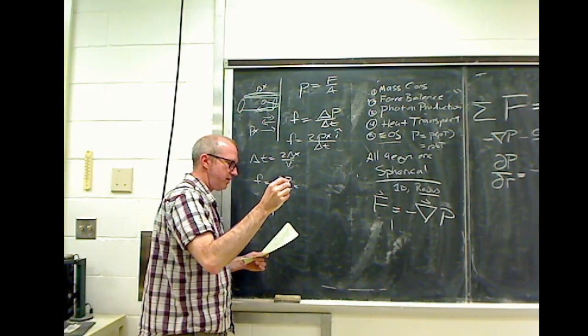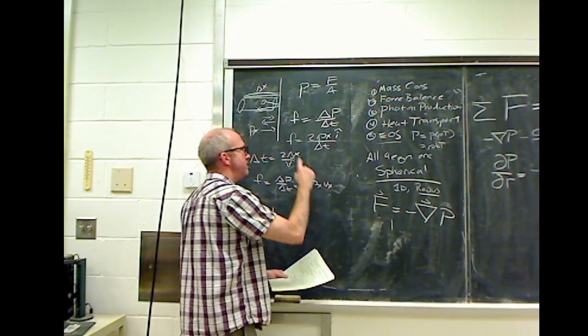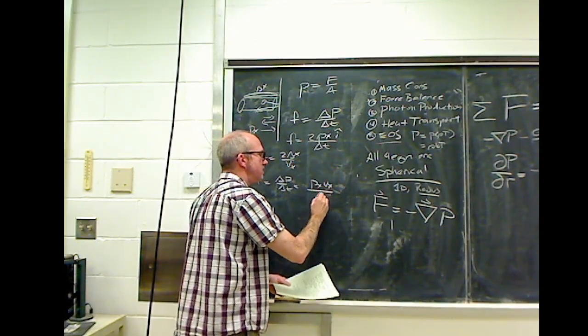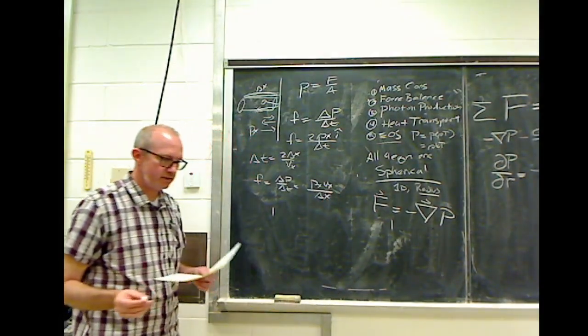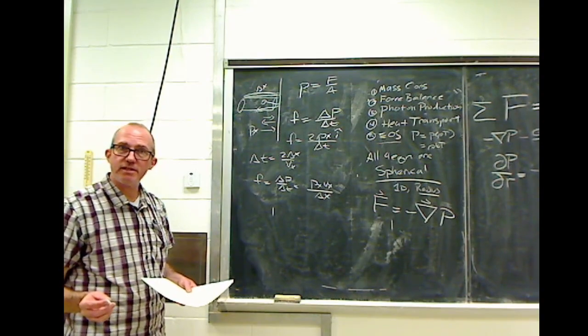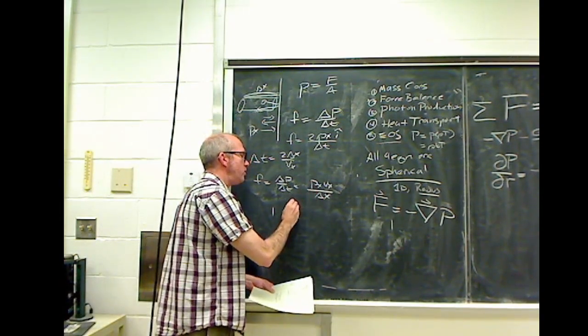You do a little bit of algebra and you get px times vx, this is vx, over delta x. Does that make sense?